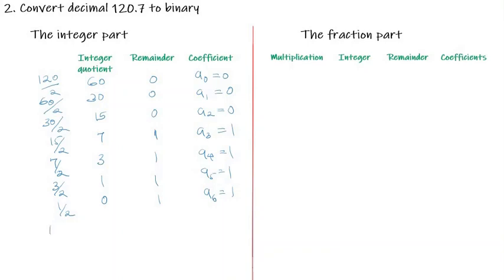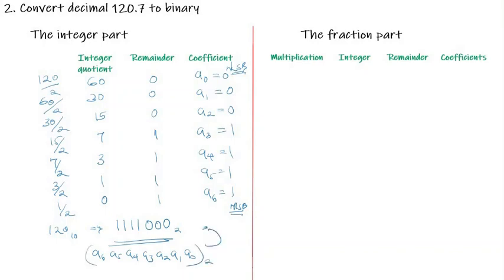Therefore, the number 120 in binary is 1111000. Remember, from the previous video, this is the MSB and this is the LSB. Or you can write a6, a5, a4, a3, a2, a1, a0, which is equivalent to this value.